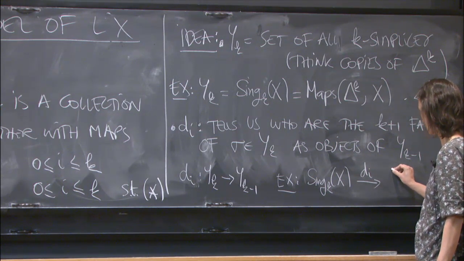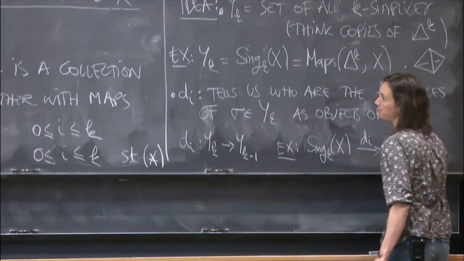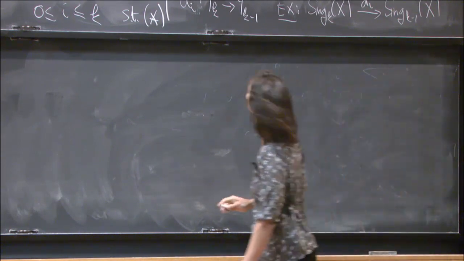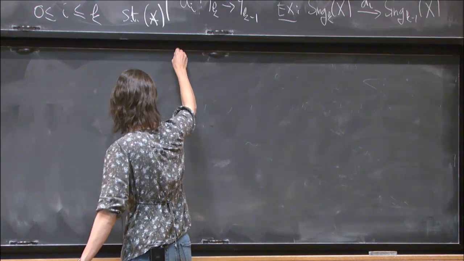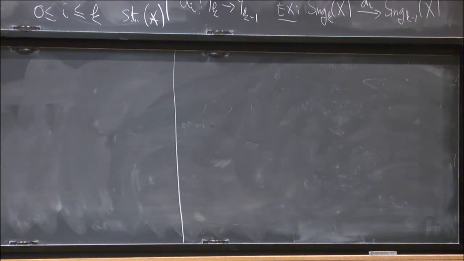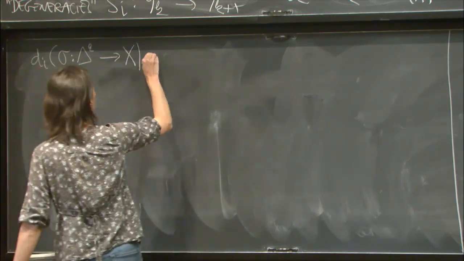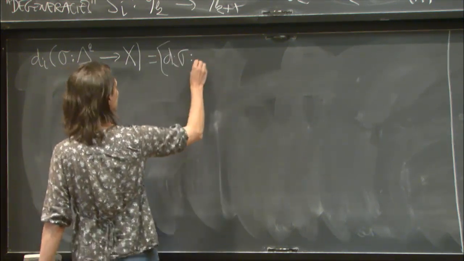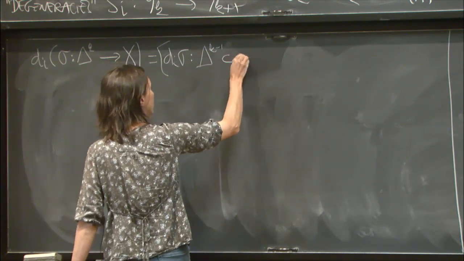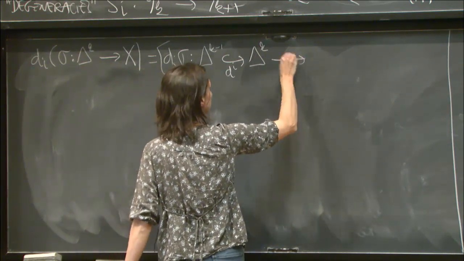On Sing_k of X, d_i is given as follows: d_i of a simplex sigma, which is a map from delta k to X, is the simplex from delta k minus 1 that includes as the i-th face, by the map I call d_i, into delta k, and then I do sigma.